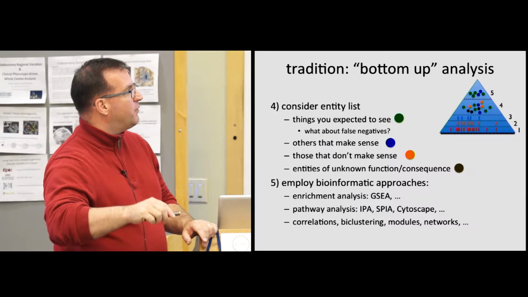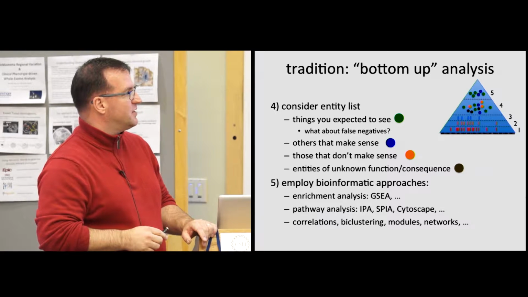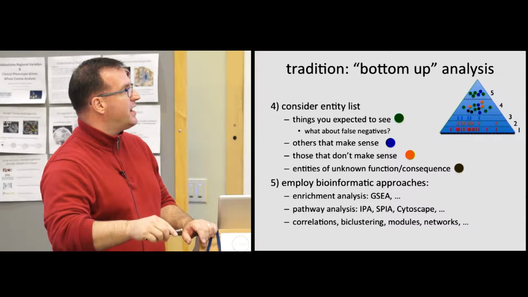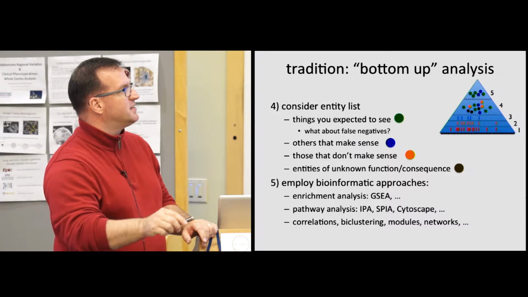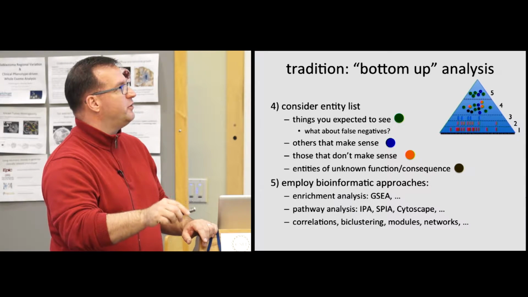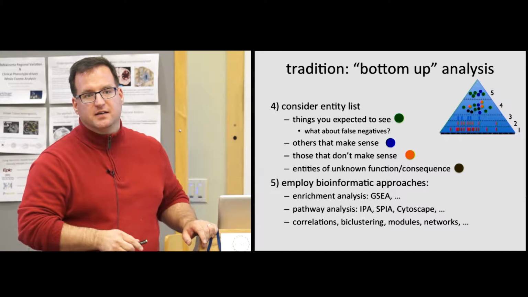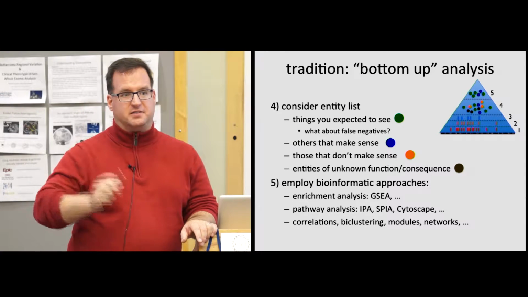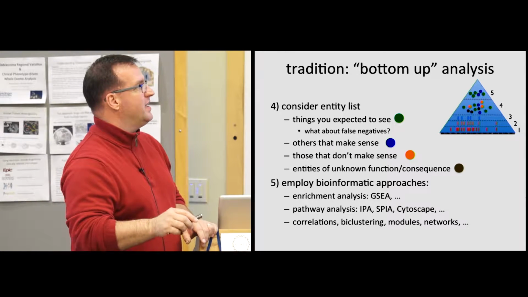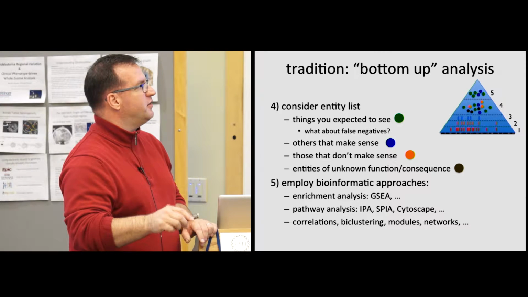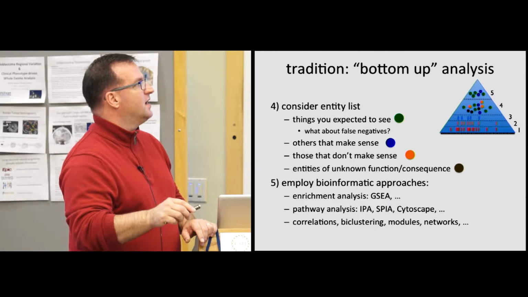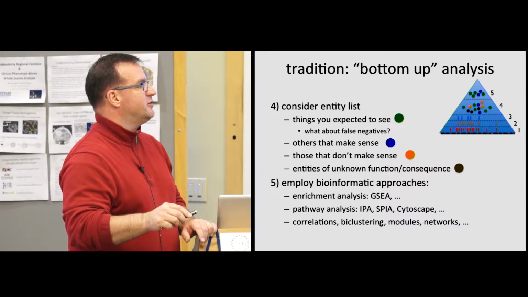Well, we're going to talk about the pathway approaches, which employ bioinformatic approaches to try to make sense of these gene lists, whether you know anything about them or not, or whether you think you can find out something about them in PubMed, in a way that you can actually find new connections between things that make sense and things that don't make sense.